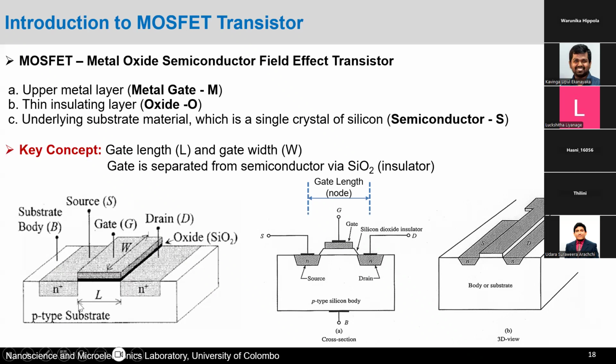So when we are talking about scaling in the future, what we are doing is trying to scale down the length of the channel, which is the distance between source and drain. This is also referred to as the node. So when we talk about the technology node, that somehow represents the gate length between the source and the drain as well. It could be slightly different, but it's very similar to the gate length that we have in a particular transistor.